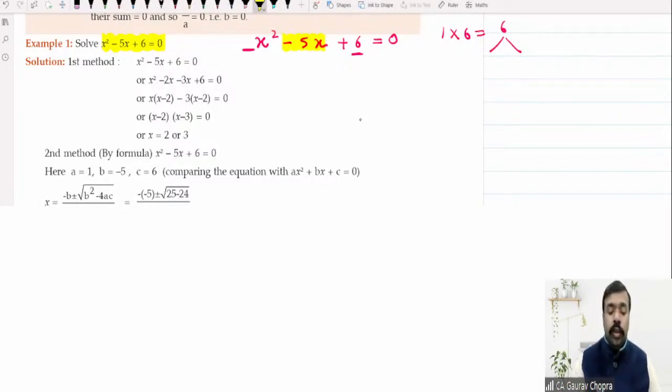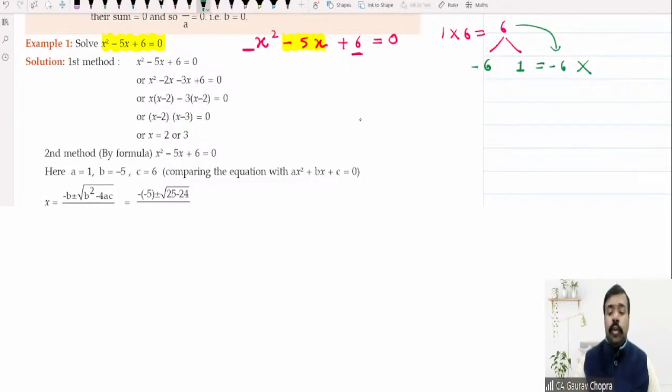So we can take 6 and 1. If we take 6 positive and 1 negative, will that work or not? Let's see. Minus 6 and 1, if we multiply, it comes to minus 6, but we require plus 6. So this will not work.